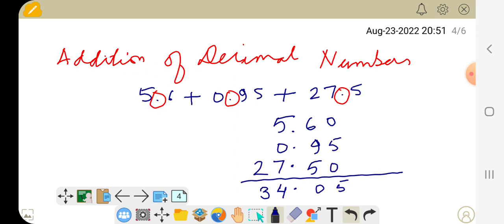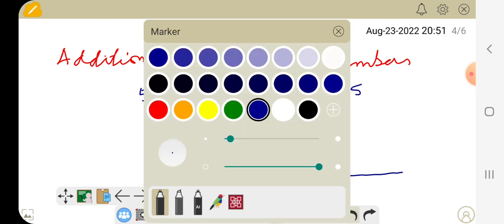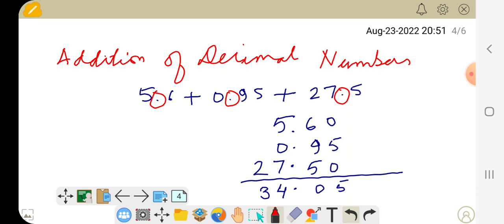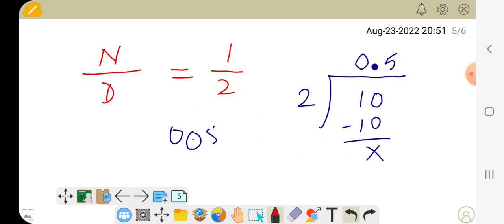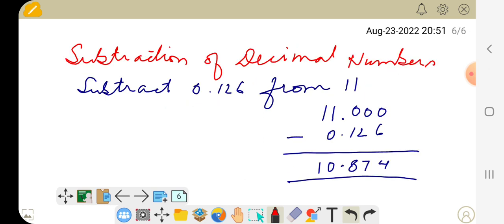Now addition also. What is the important thing regarding addition and subtraction? The point should be in a straight line, and in the same way, simple subtractions. This is the numerator and denominator we have discussed.